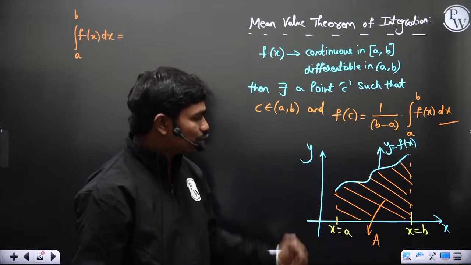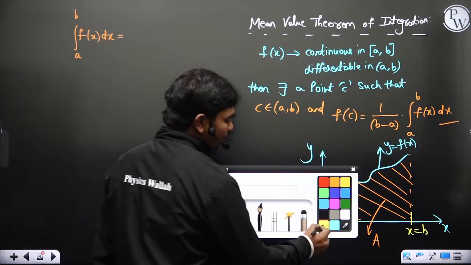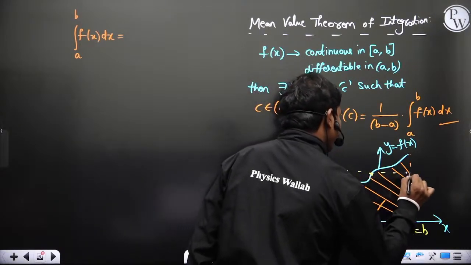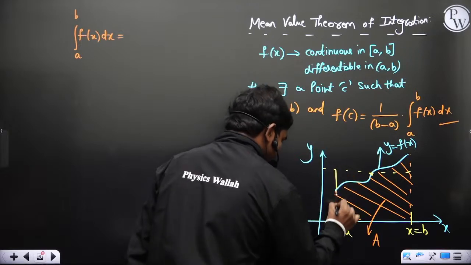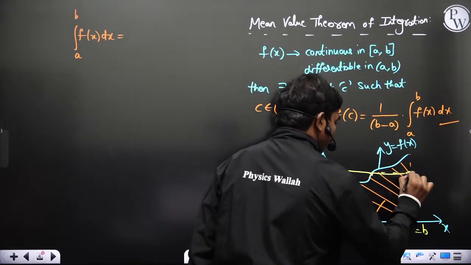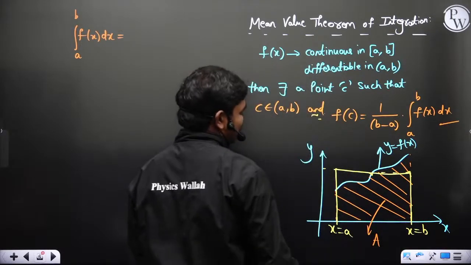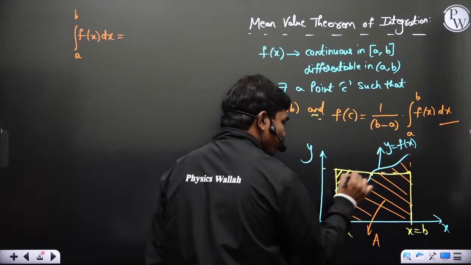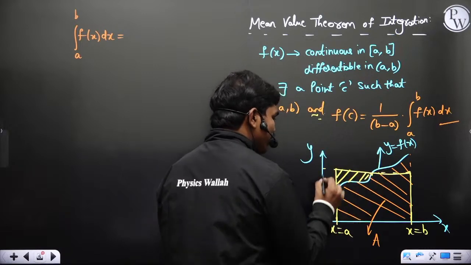Now if this is a closed area, then you can identify at least one point c somewhere such that if you take this rectangle, whatever the area you are losing here, the same can be compensated here. There exists definitely one point, maybe this is f of c.